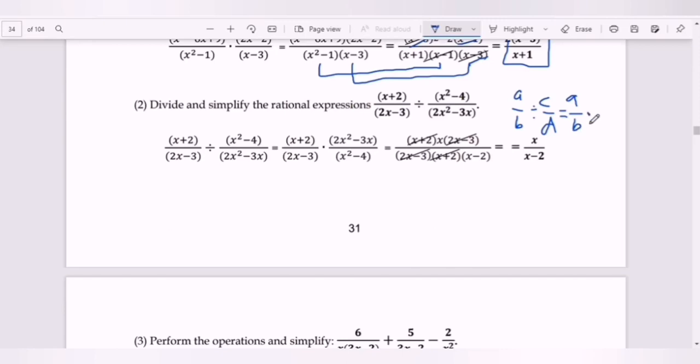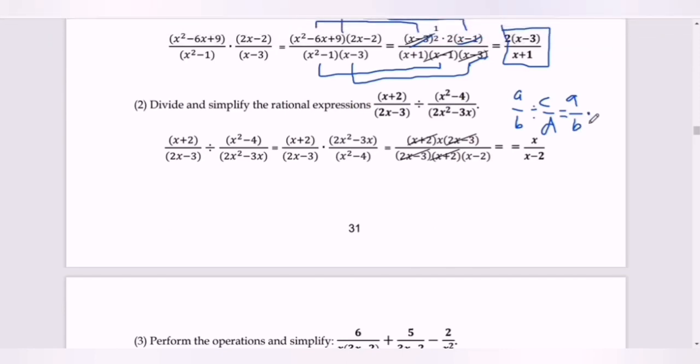If you need to change the operation from division to multiplication, you can do it and then just find its reciprocal, so d over c. So that is just how to convert the operation from division into multiplication. So again, just copy the first expression a divided by b and then change the operation, but the difference is you just find the reciprocal of this one.